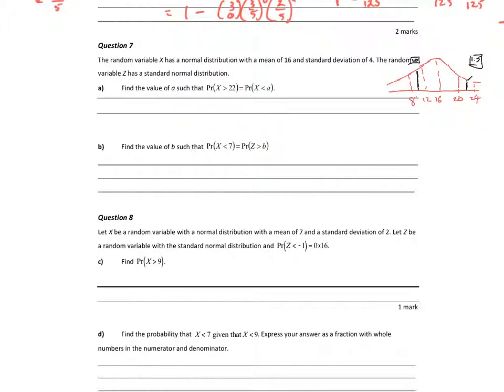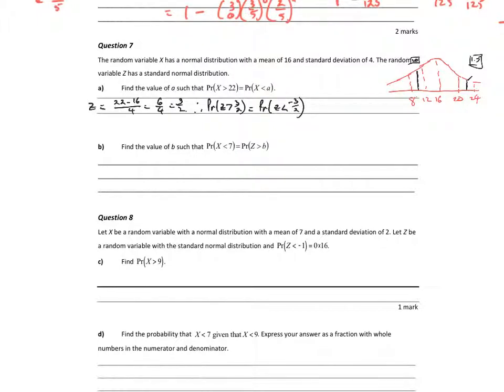But just to do that using our Z values, if X is equal to 22, the corresponding Z value will be 22 minus 16 on 4, which is 6 on 4, which is equal to 3 on 2. So the probability that Z is greater than 3 on 2 is equal to the probability that Z is less than negative 3 on 2 by symmetry.